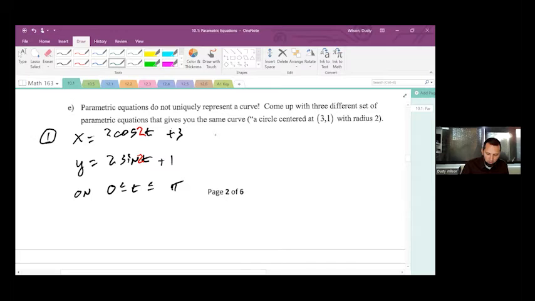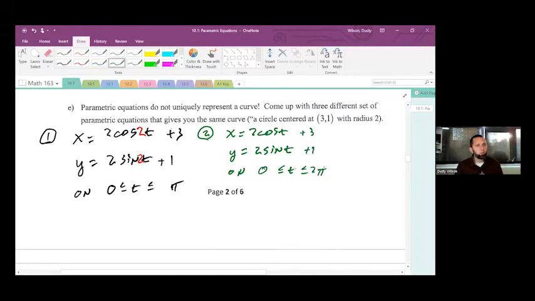We could adjust the parameter a different way. We could let x equal 2 cosine t plus 3, y equal 2 sine t plus 1 on 0 less than or equal to t less than or equal to 2 pi. But maybe I could shift where my t's are starting and ending.